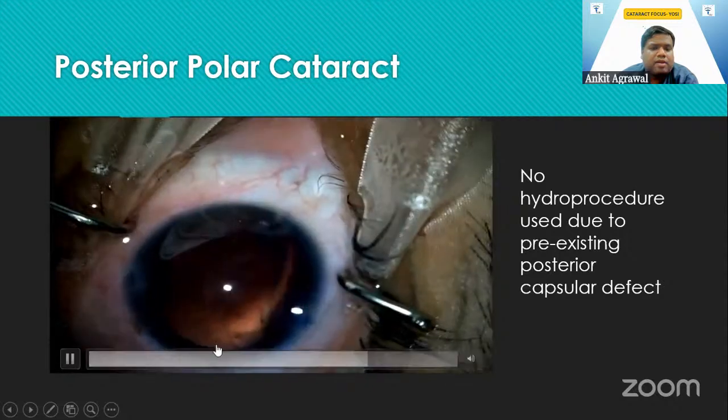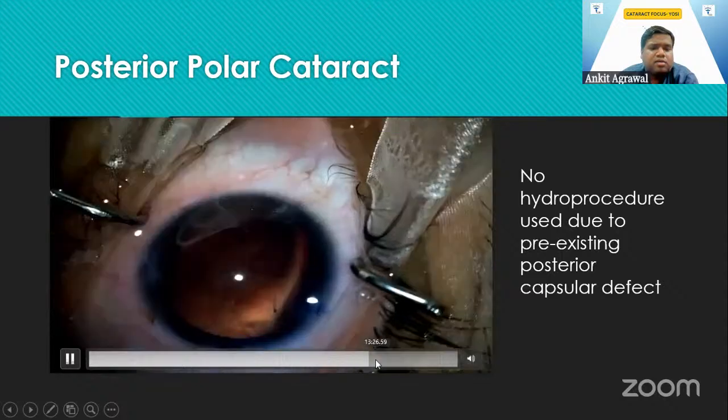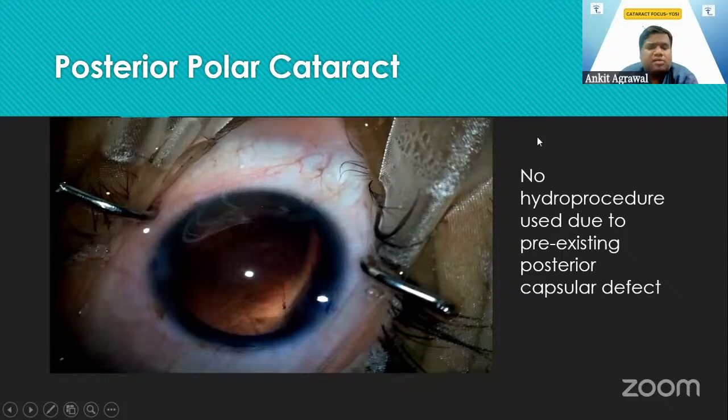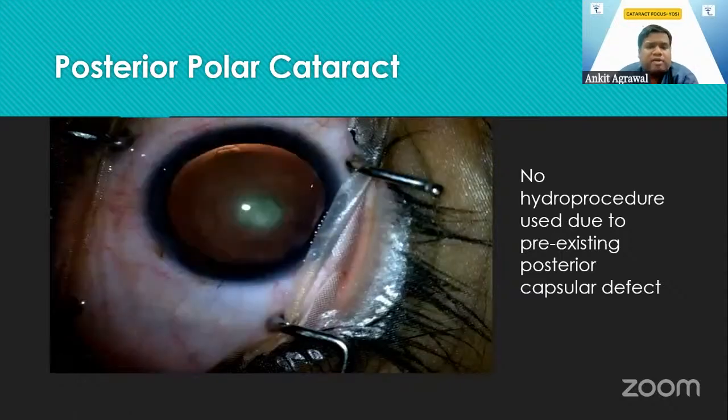Now we can see the tear clearly. Now a 3-piece IOL can be put in the sulcus here, and the case can be salvaged quite well.